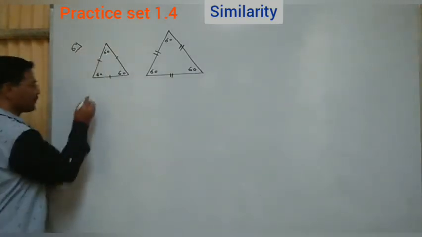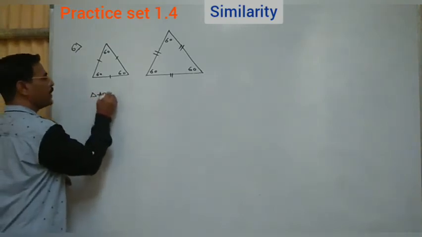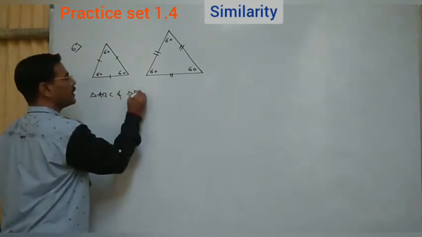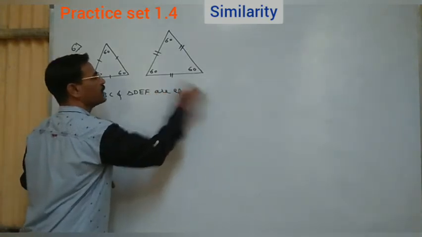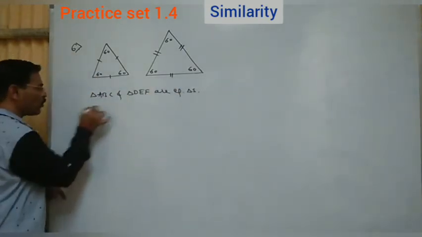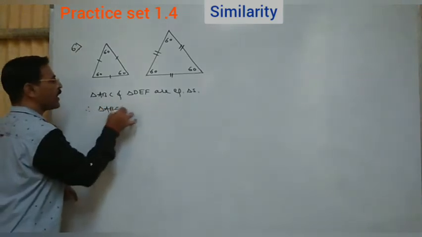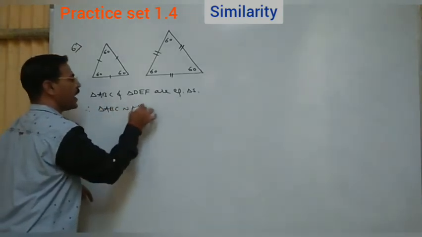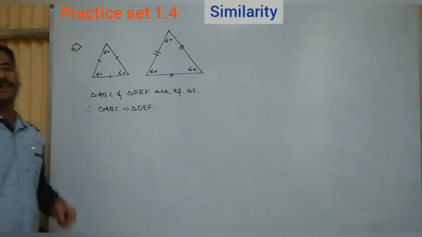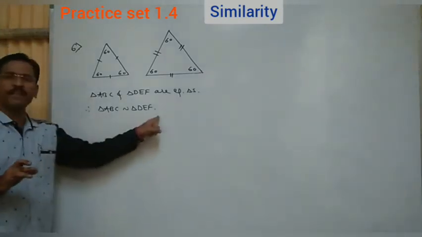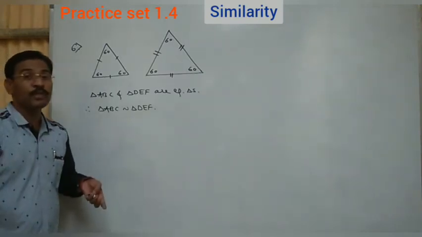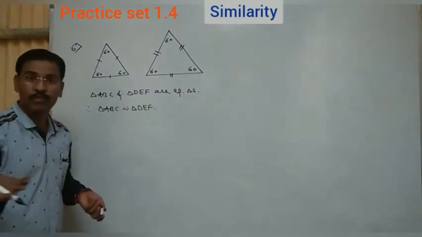Okay, so triangle ABC and triangle DEF are equilateral triangles. Therefore, straightaway we can write that ABC and DEF are similar. Now, once these two are similar, the ratio is given to us as 1:2.